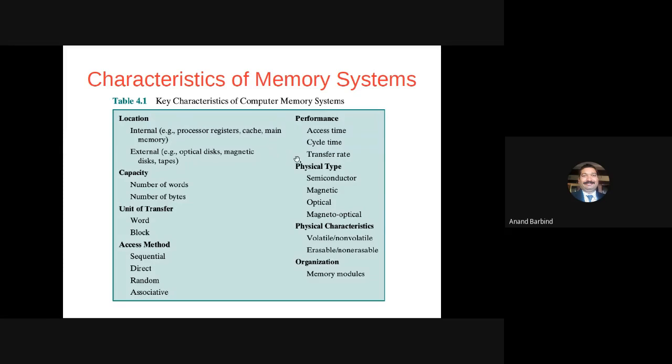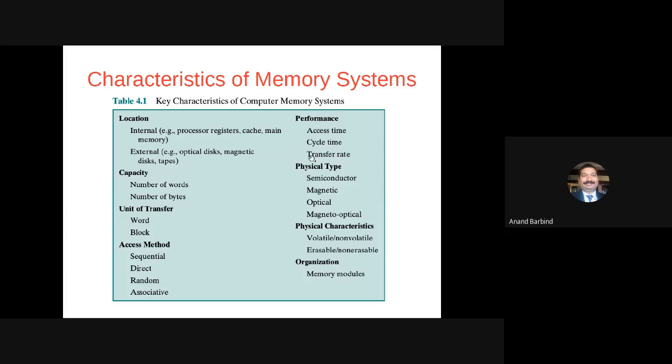Okay. Then cycle time, that is the time required for completing one cycle, starting from reading that particular data or writing that data. That is called the cycle time, whereas access time is just within how much time that memory is available. So that is the access time.